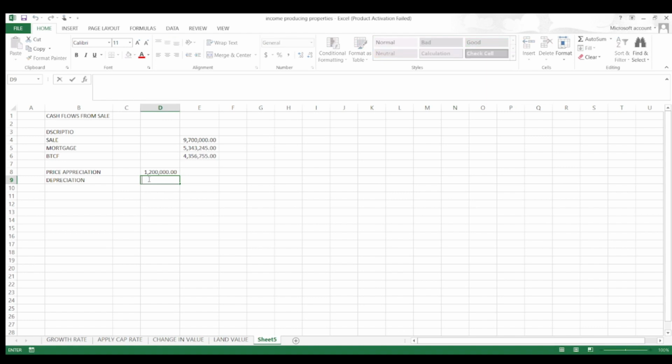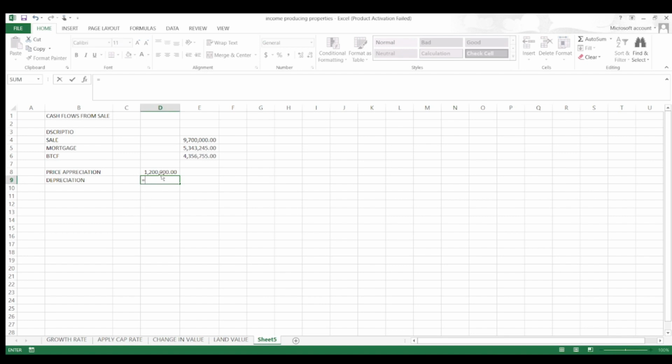Now, this depreciation was done on a straight line basis over 39 years. So what we need to note first is that the property was bought for 8.5 million and the cost of the land was 1.275 million, which means the value of the property will be equal to 8.5 million less 1.275, and the depreciation for each year will be gotten by dividing that amount by 39.